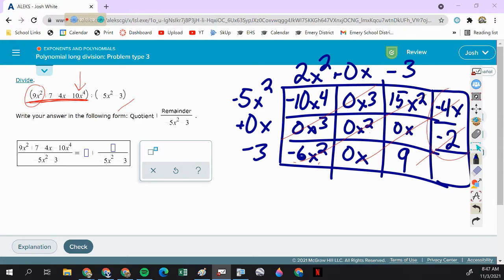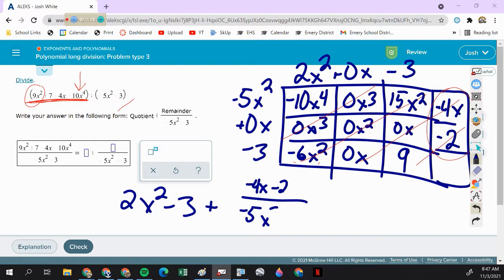So, these are my remainder. That's kind of weird. My remainder is 2 terms? Yes, it is. So the answer is 2x squared minus 3 plus negative 4x minus 2 over negative 5x squared minus 3. Okay, that was a little bit weird.